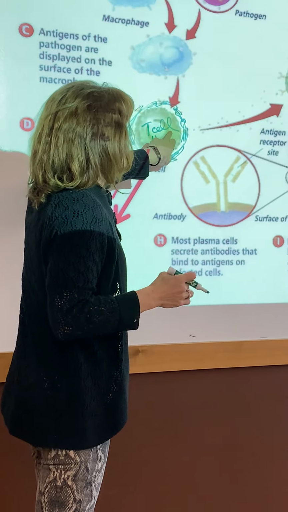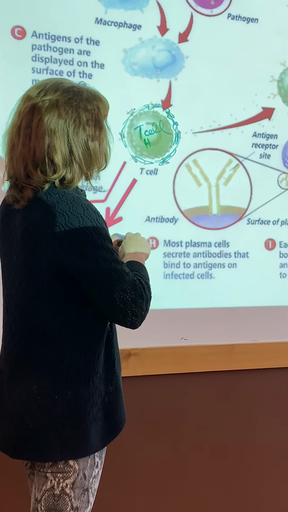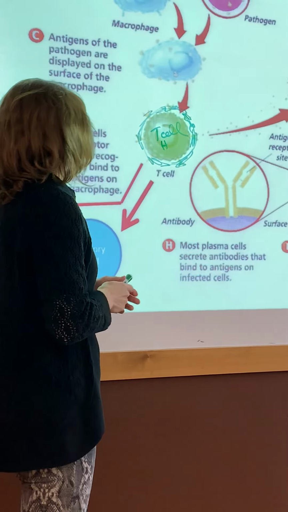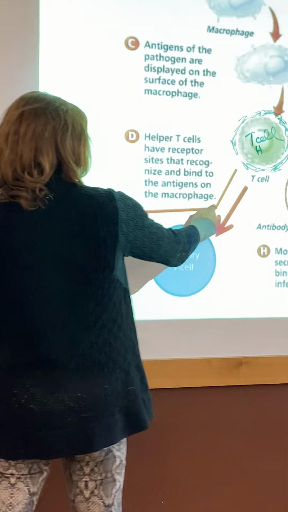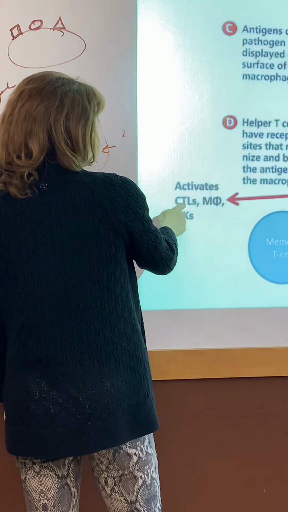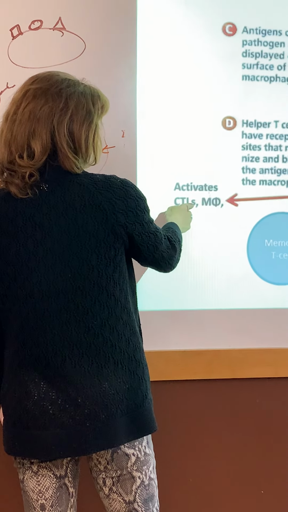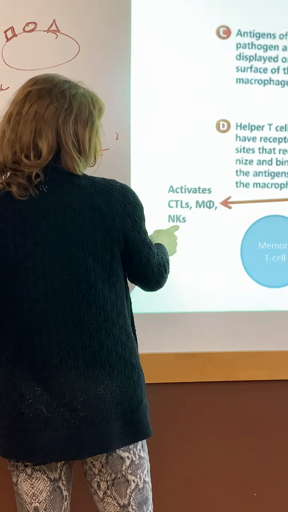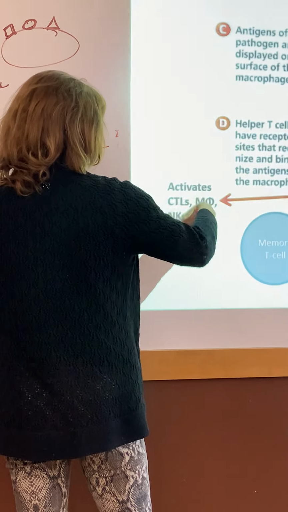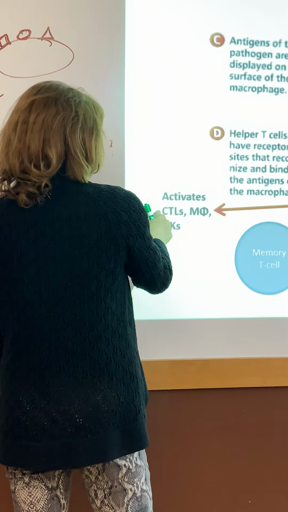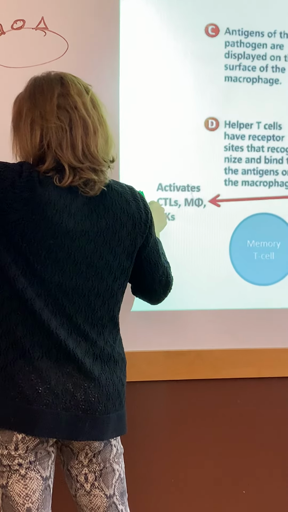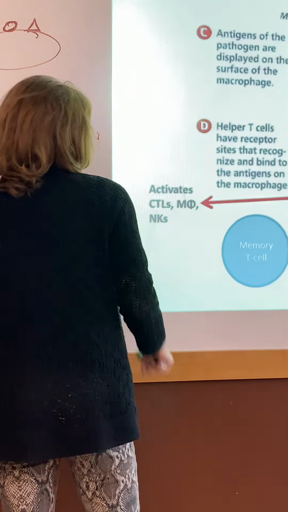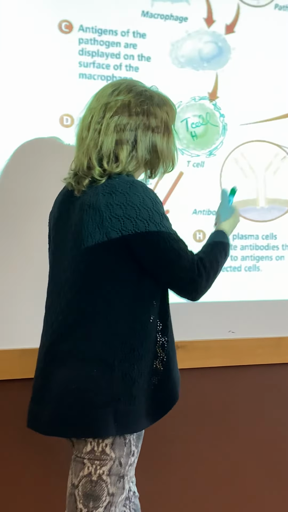Now he's activated, and as soon as he gets activated, he starts spewing out cytokines. Those cytokines activate your CTLs, your killer Ts, further activate your macrophages, further activate your NKs, tell them to keep up the good work, tell the CTLs, go out, find out what's going on, and start shooting things directly.